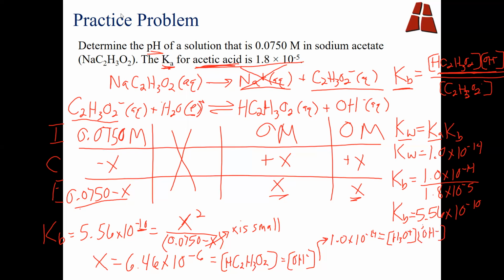We have our value for hydroxide here, that's our value for x, and we have our 1.0 times 10 to the negative 14th. So we can solve for the concentration of hydronium. When we do that, I got a value of 1.55 times 10 to the negative 9th. If we take the negative log of that, in order to get the pH, I got a pH equal to 8.81.